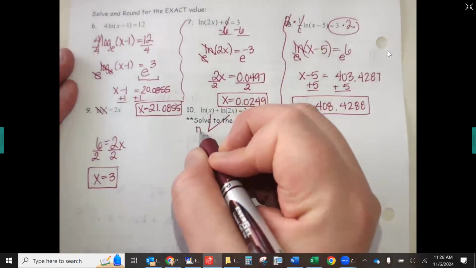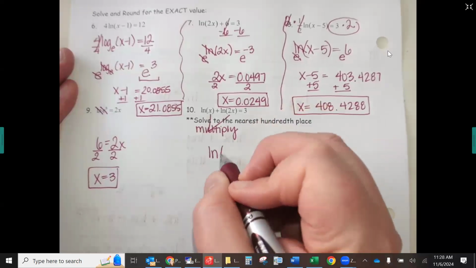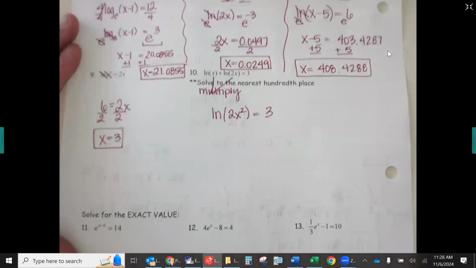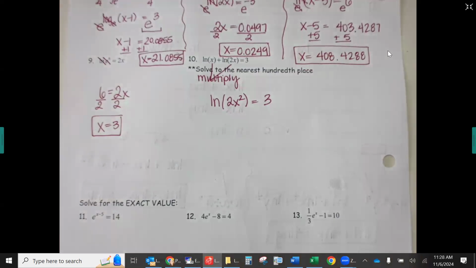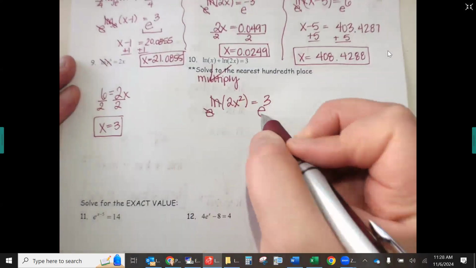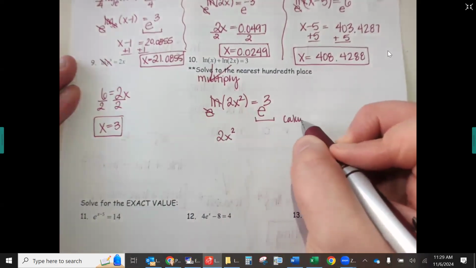So it's going to be ln multiply x times 2x would be a 2x squared. Okay, think about if that makes sense. X times 2x is 2x squared. Then from there, how can I cross out an ln? What do I use? Big E.